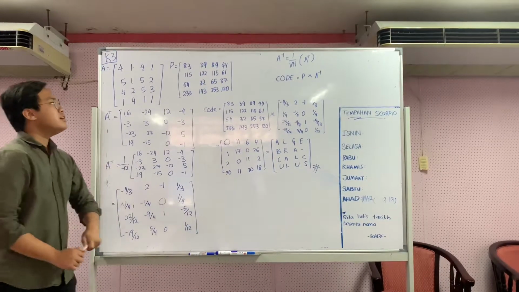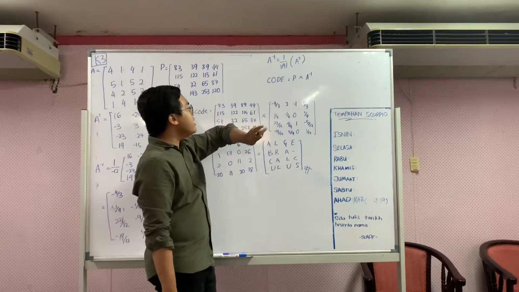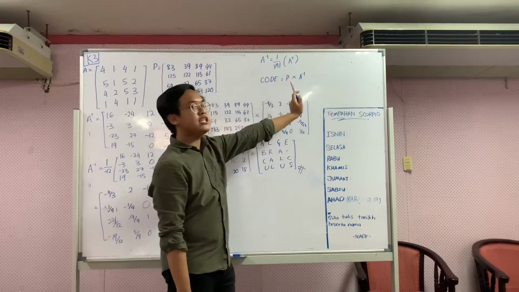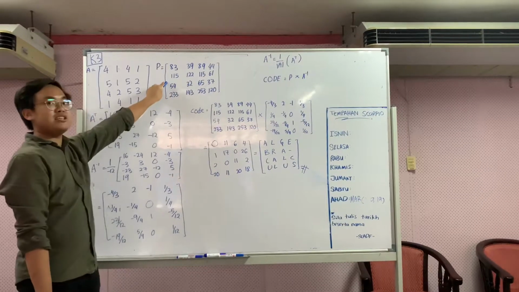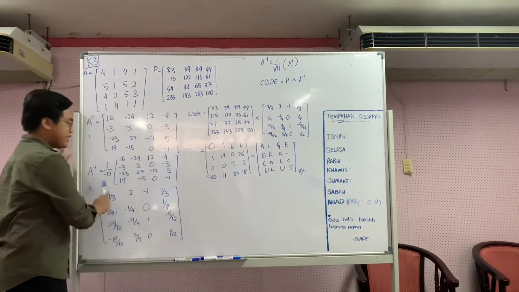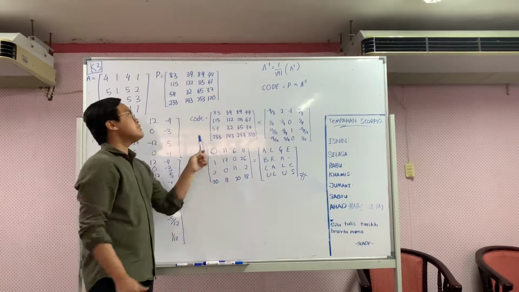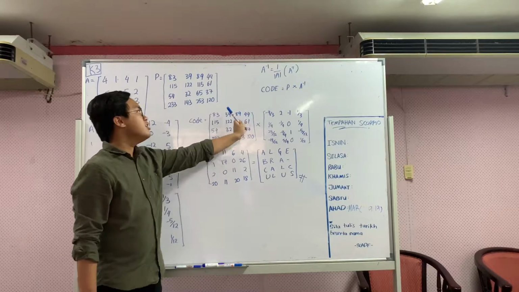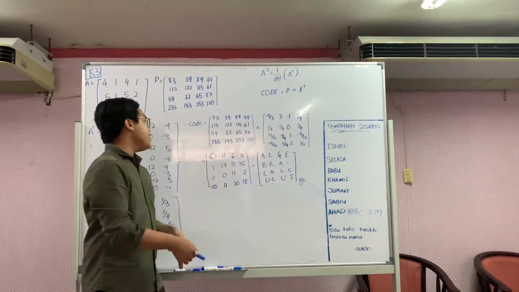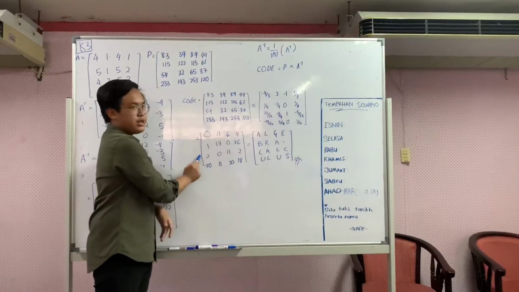Now, for us to break the code according to the question given to us, the formula is matrix P, which is already given in the question, which is this matrix. We have to multiply with the inverse of matrix A, which is this one. So we just substitute the formula, which is matrix P, we multiply with the inverse, and then we will get a new code matrix, which is this one.